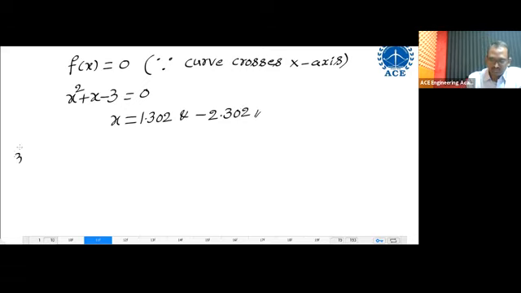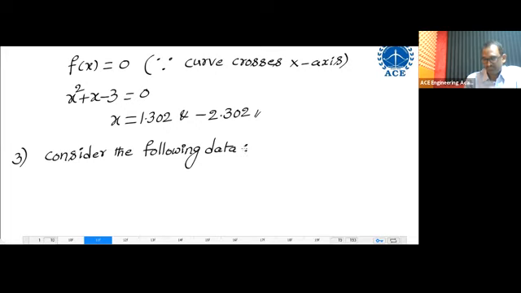Good. Try this problem. Consider the following data.